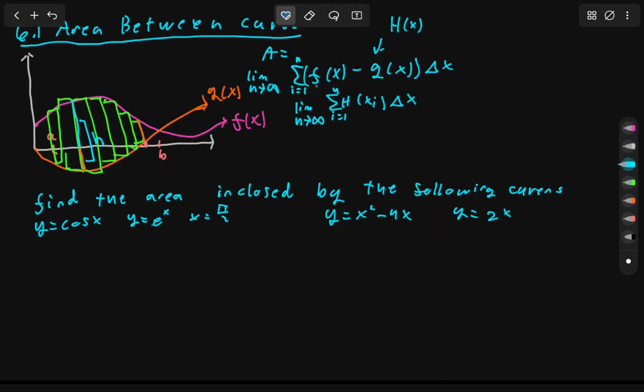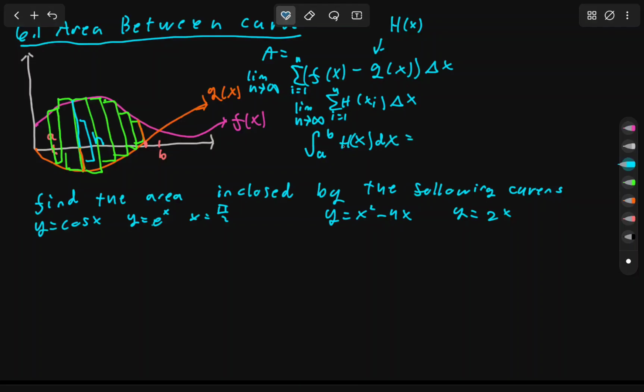We know that this is just the definition of a definite integral. So this is going to be the integral from a to b of h of x dx.